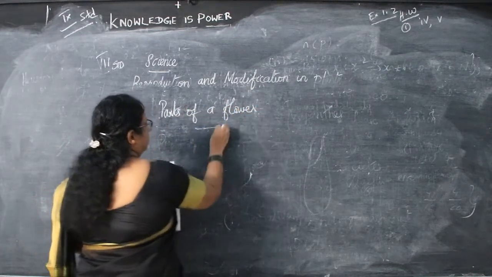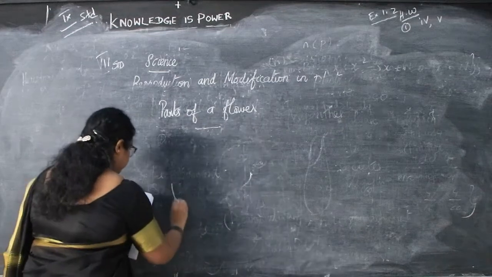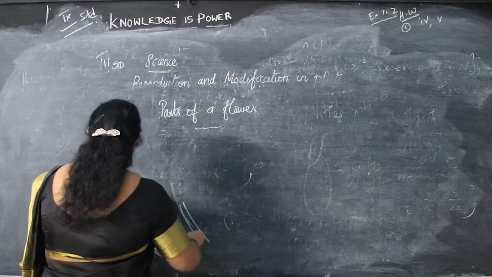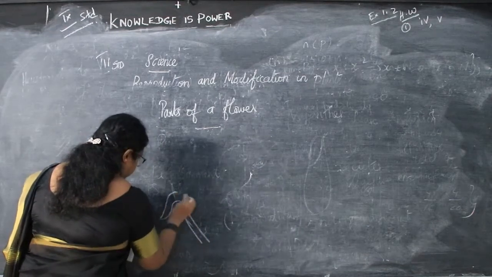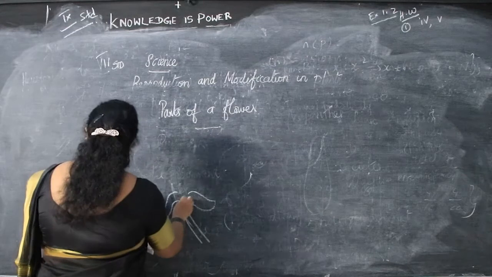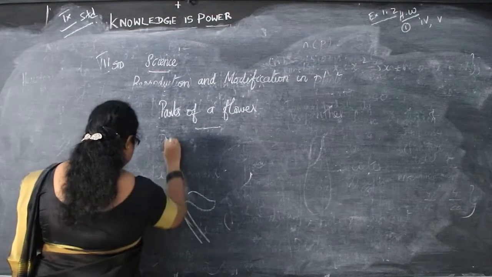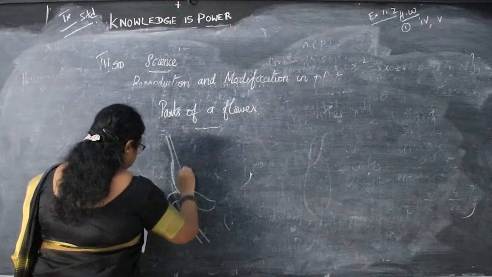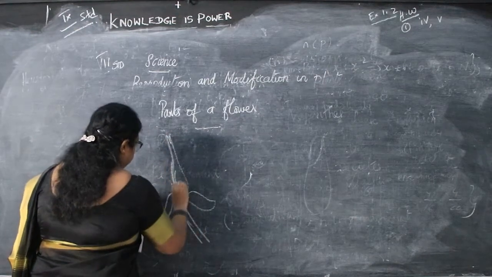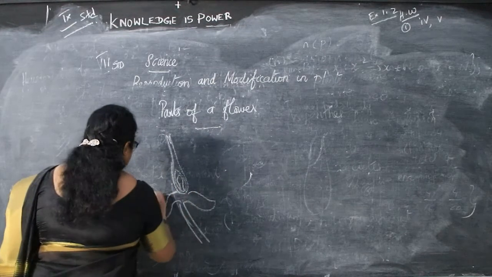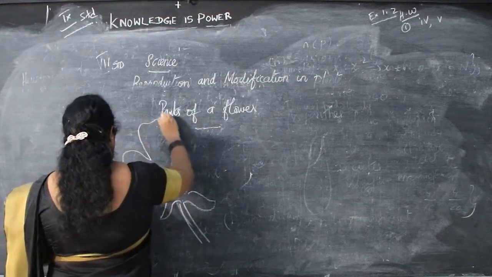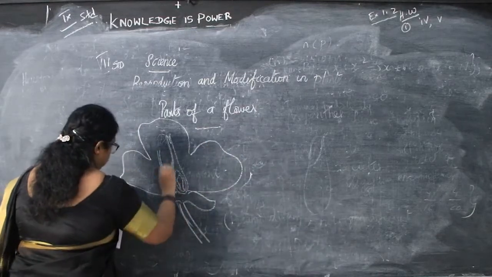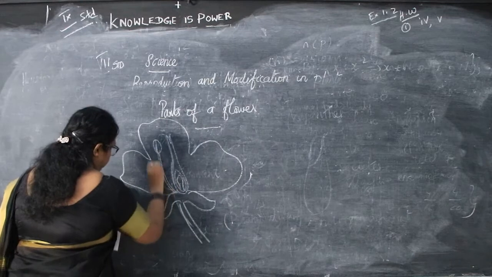Draw this diagram. So these are the parts of a flower.